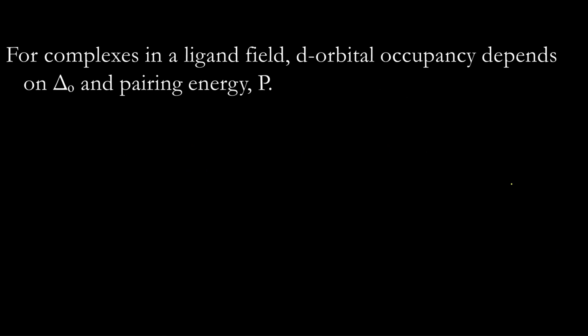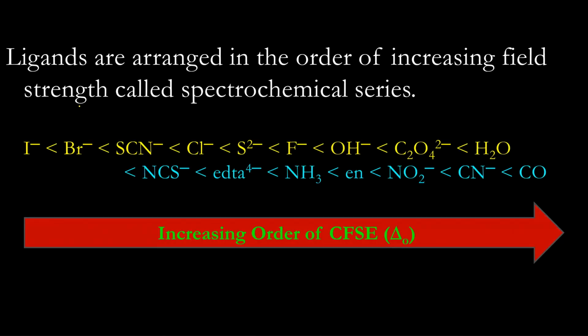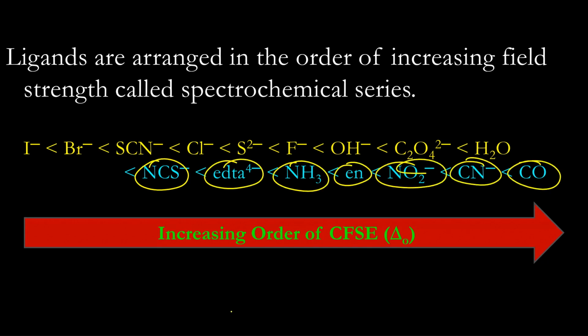For complexes in a ligand field, d orbital occupancy depends on delta naught and pairing energy. This is a very simple concept, very, very simple. For each complex, there is some delta naught. Here we are deviating from the concept of pairing, but it is almost the same thing. If I go back here, we said that if we have any of these strong field ligands, then pairing will take place.